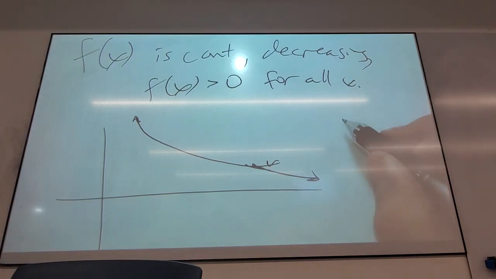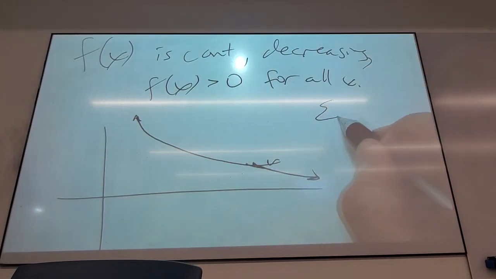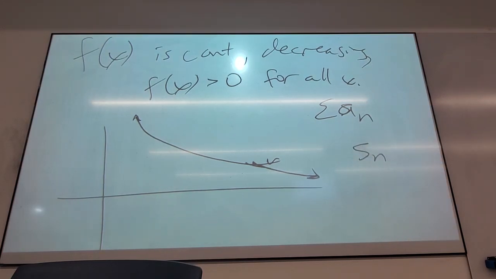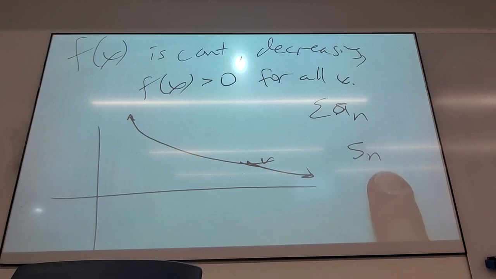If I have a series and I stop at the nth partial sum, can somebody tell me, what's the first element that I've left off?